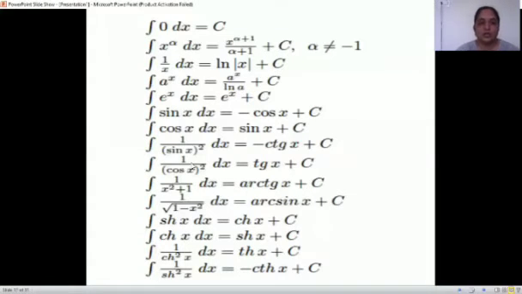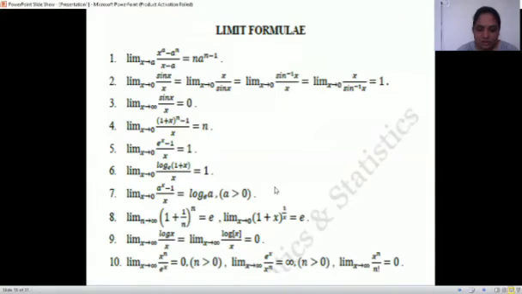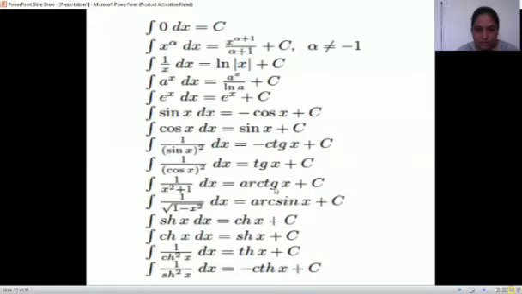Let me check this. Forget this. Next we'll come to this formula, integration of 1 upon x square plus 1 dx, which is nothing but tan inverse x. Then integration of 1 upon root 1 minus x square dx is sin inverse x.